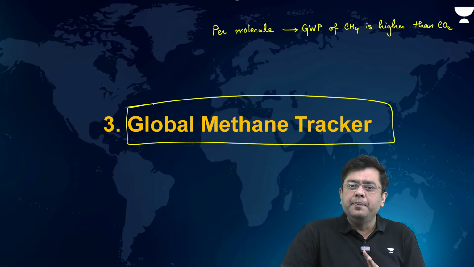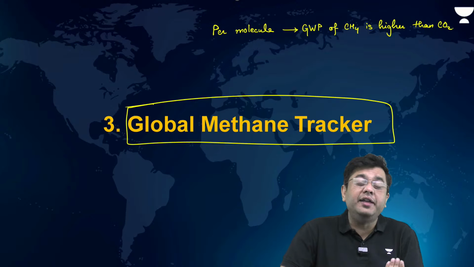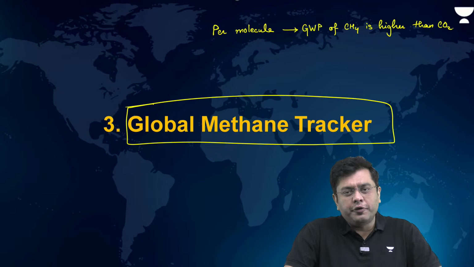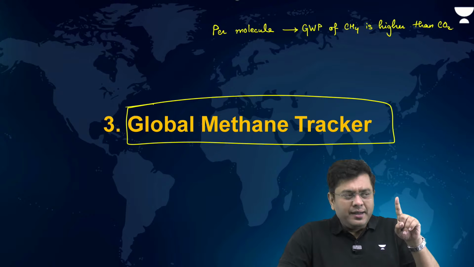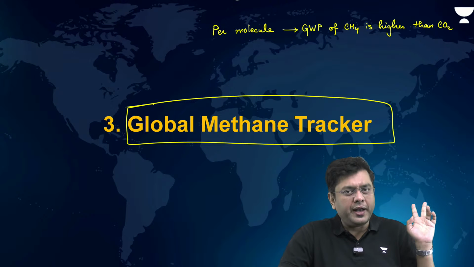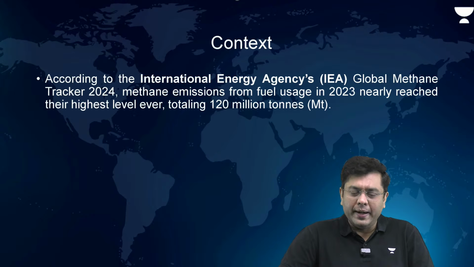And the second reason is that the amount of methane present in the atmosphere is very, very less as compared to the amount of carbon dioxide, a very minuscule level. So first reason, it is short-lived. Second reason, the concentration is very low. That is why its impact on warming is also lower.